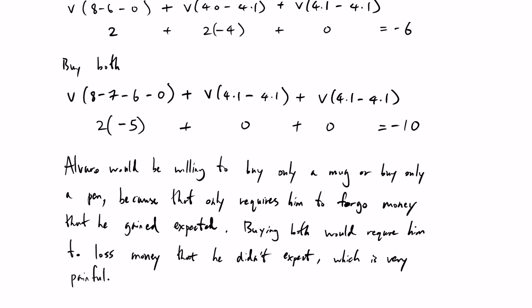And finally, part F. Now suppose Alvaro can choose whether to enter the above experiment with a reference point of getting the mug or a reference point of getting the pen, knowing the prices in advance. Which one would he choose?